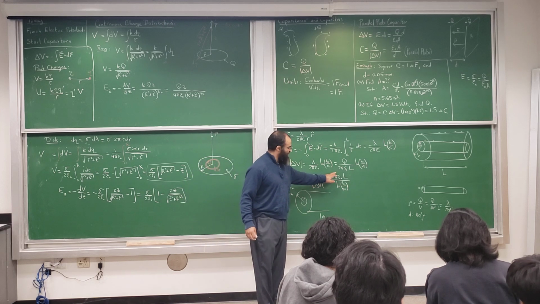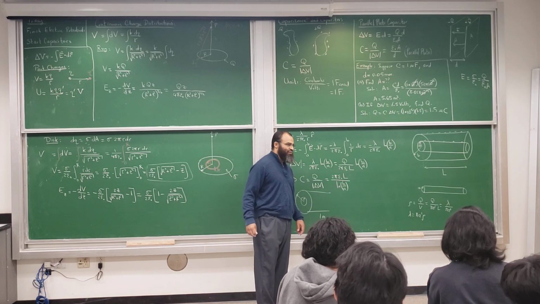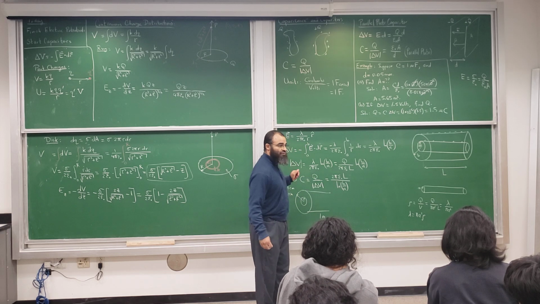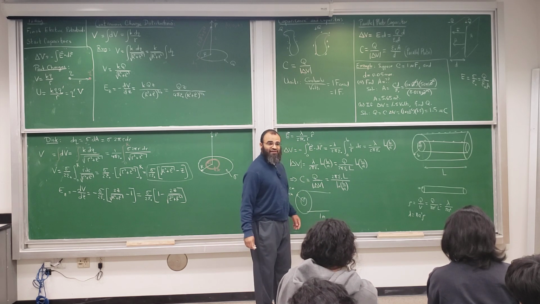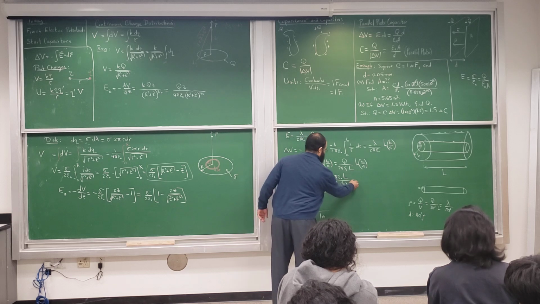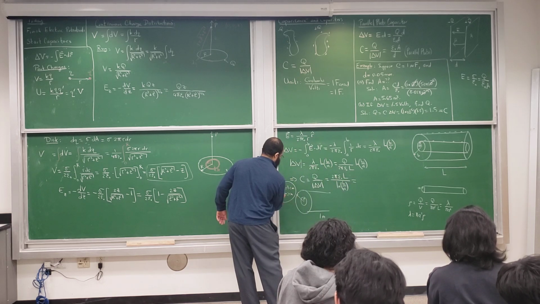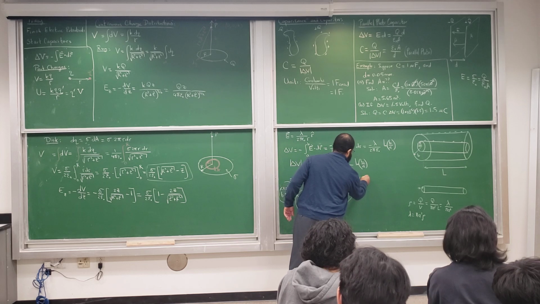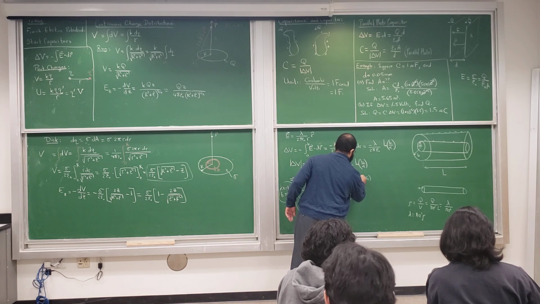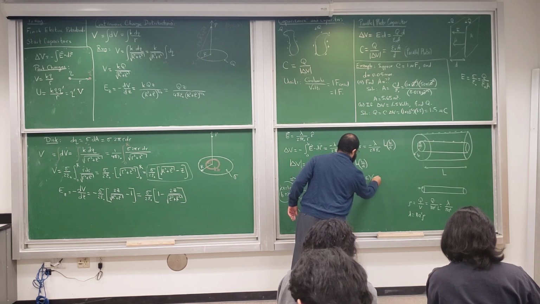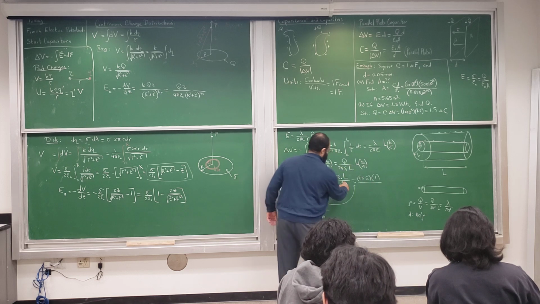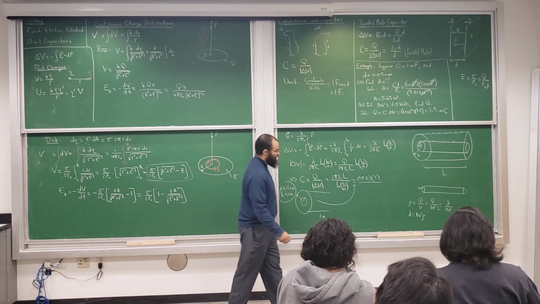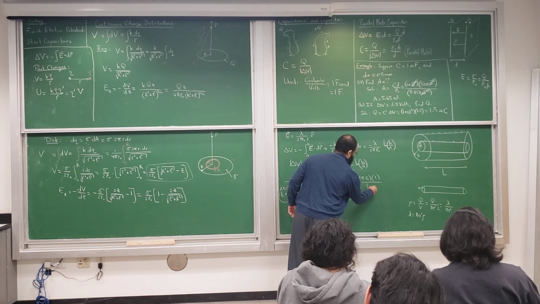It's 2 pi epsilon naught times L, 1 meter, over the natural log of B over A, 2 centimeters over 1 centimeter, so the natural log of 2.